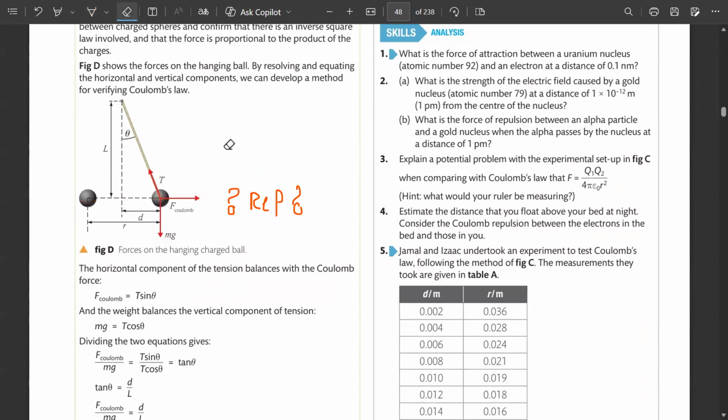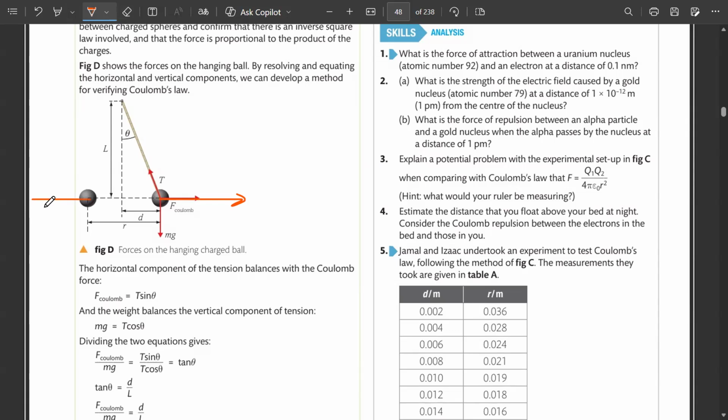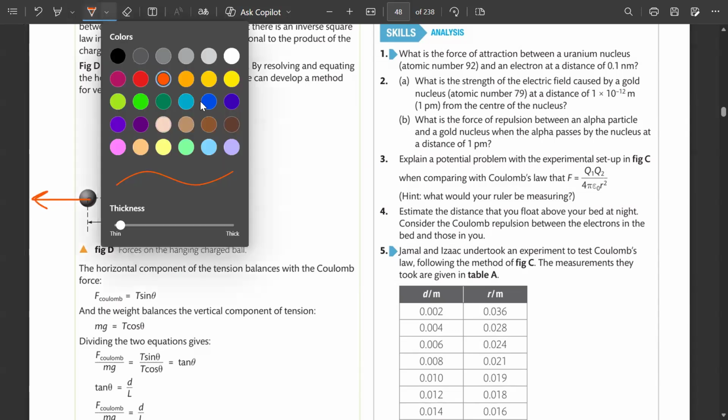Look at this. We have to find the electric force acting on this charged particle, क्योंकि ये दोनों पार्टिकल जो हैं वो आपस में रिपेल हो रहे हैं, ठीक है? अब हम कैसे निकालेंगे?